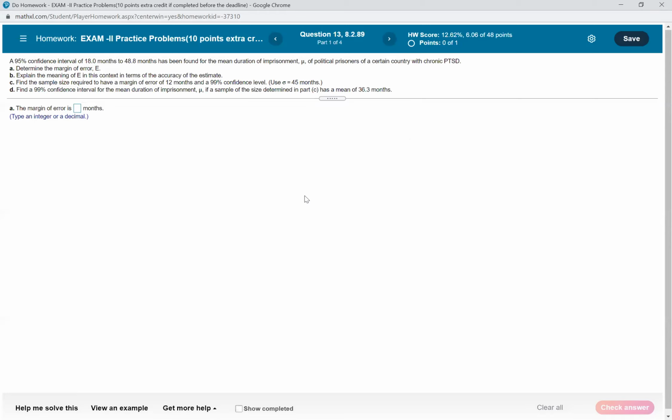So a 95% confidence interval of 18 months to 48.8 months has been found for the mean duration of imprisonment. Here we are given the confidence interval for political prisoners of a certain country with chronic PTSD. We have to determine the margin of error.